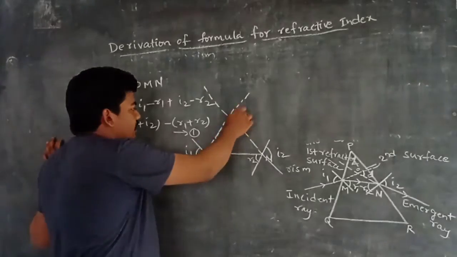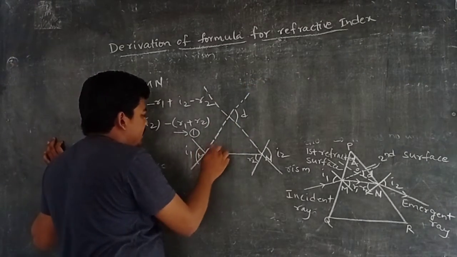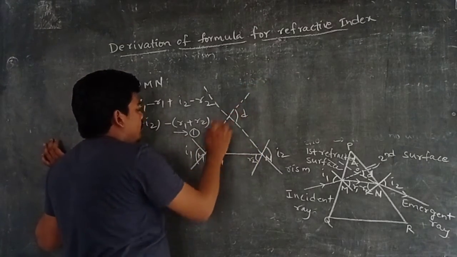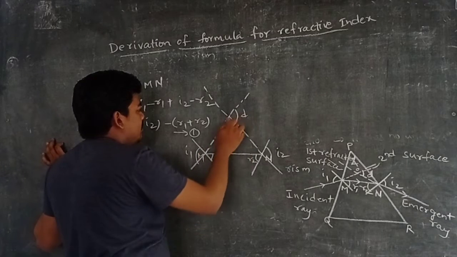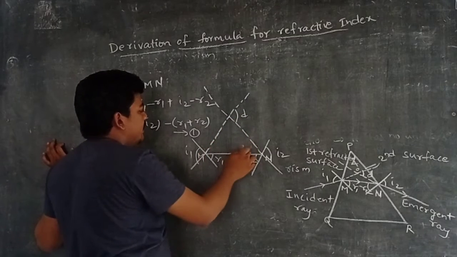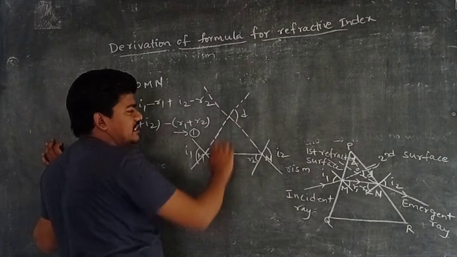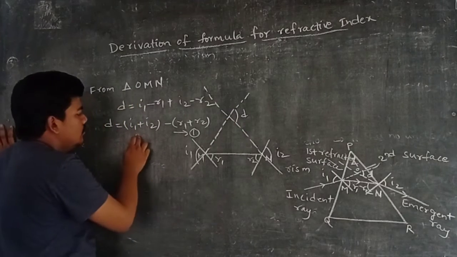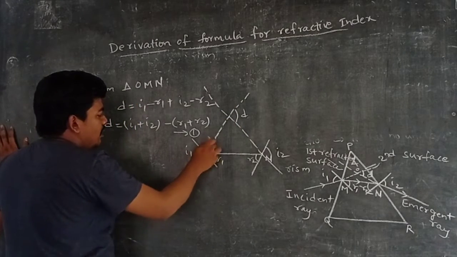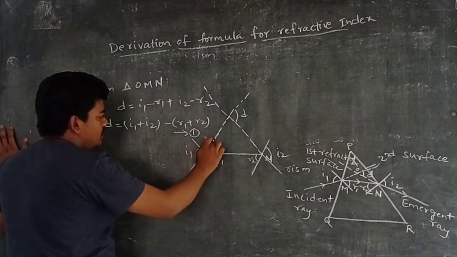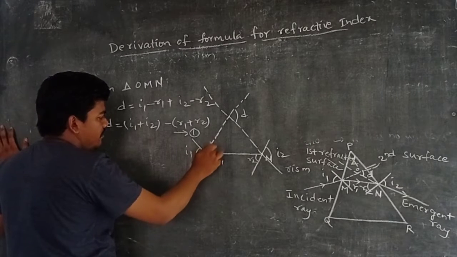D is the exterior angle, and the sum of the two interior angles in a triangle is equal to its exterior angle. Vertical opposite angles are equal here, so this is also I1.